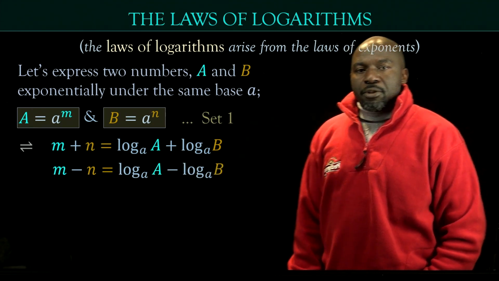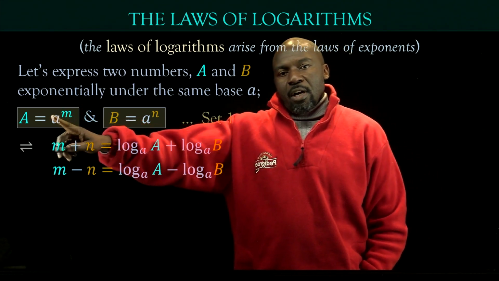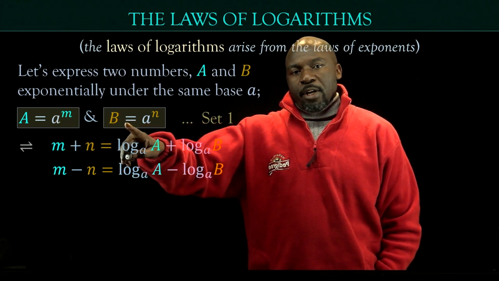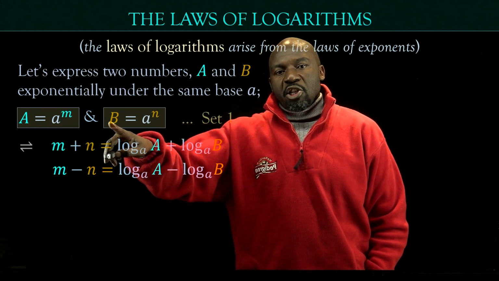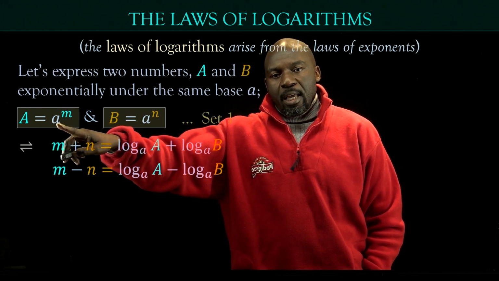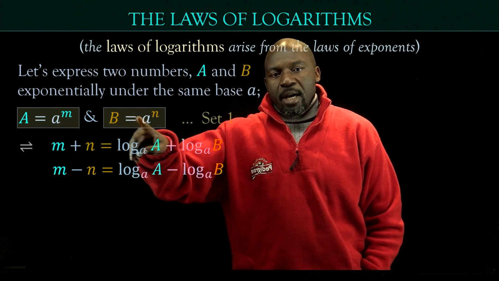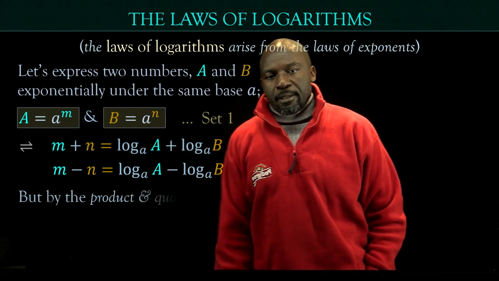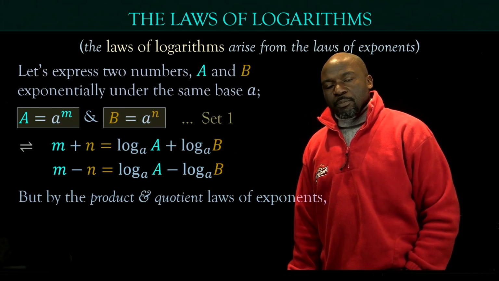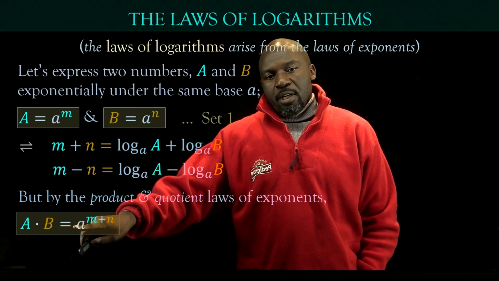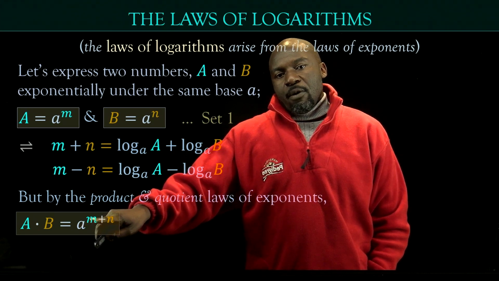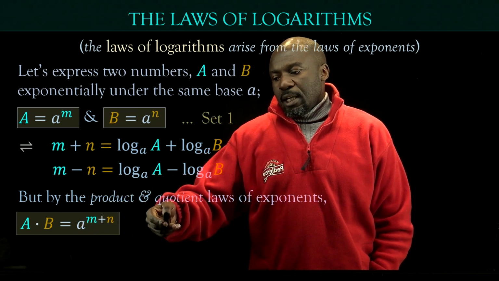The second thing we want to do is to use our knowledge of the laws of exponents. If I multiply a and b, that is equivalent to multiplying a to the power m by a to the power n, like this. By the laws of exponents, a times b must be a to the power m plus n. Why is that?